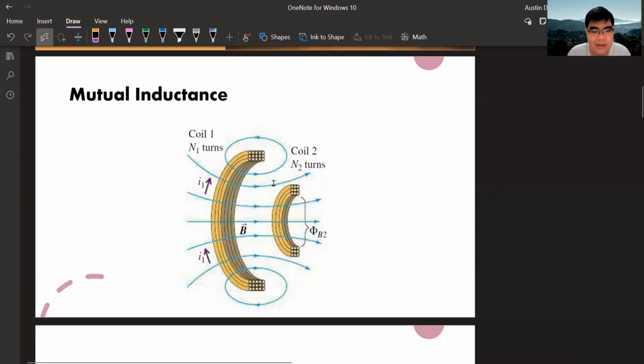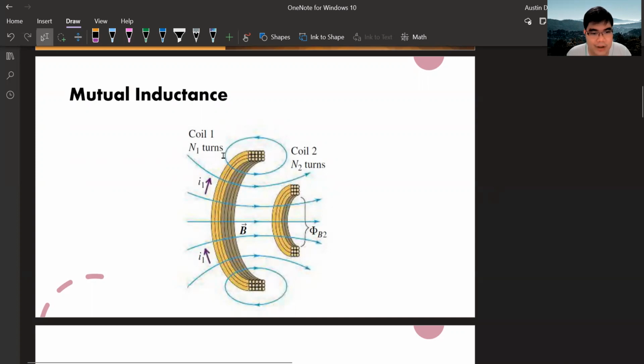Si coil 1 has N1 turns, and si coil 2 has N2 turns. Let's say that coil 1 has a current I1 flowing through it. Putol lang yan kasi tinitingnan natin yung cross-section para mas madali imagine, pero circular yan, syempre.